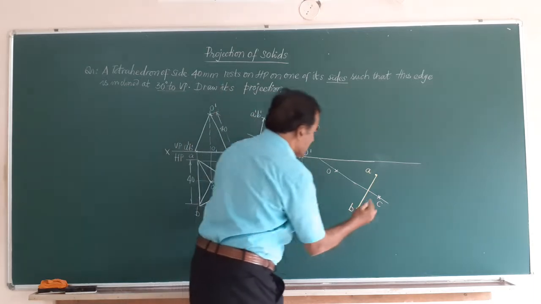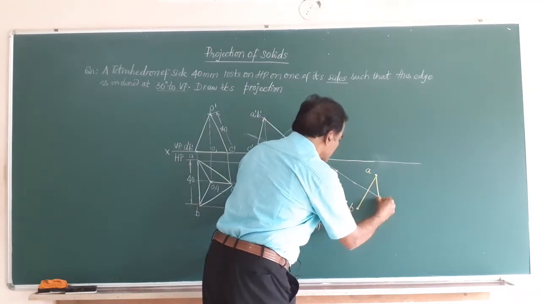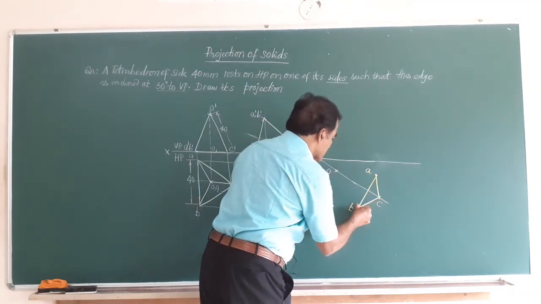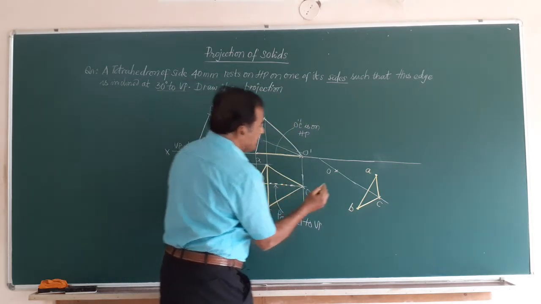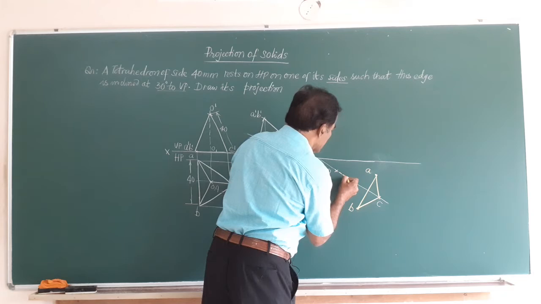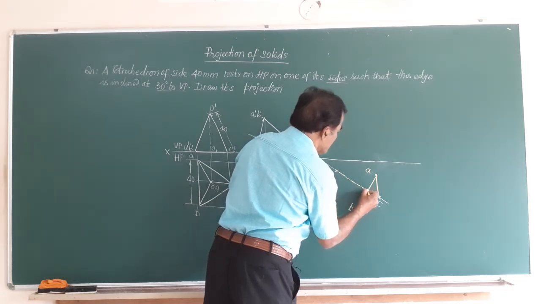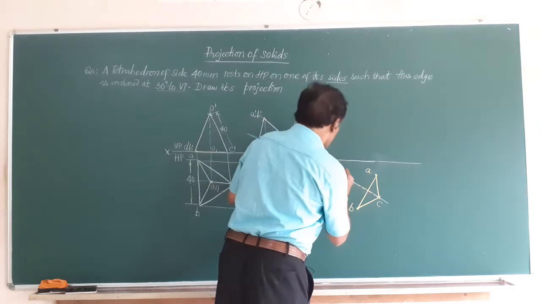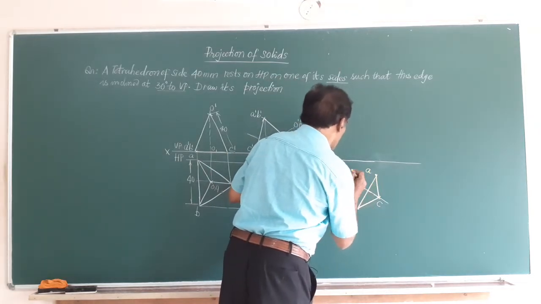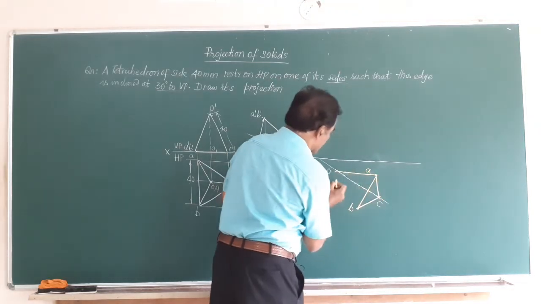This triangle you can just obtain. So, I am going to join A to C and B to C. Friends, then that line I have to join. This line is OC, which is once again a dotted line, an invisible line, and join O to A, O to B to obtain the complete top view of this solid.